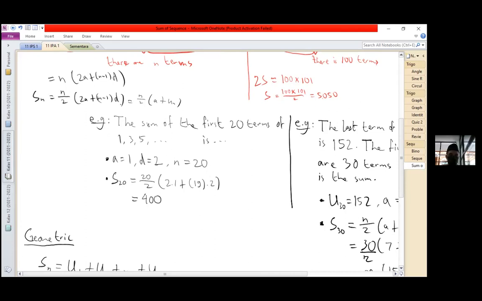We look at the formula and decide which one we are going to use. Of course you can use both, but if you don't want to bother deciding which one, you just want to memorize one of the formulas, then you can do that.